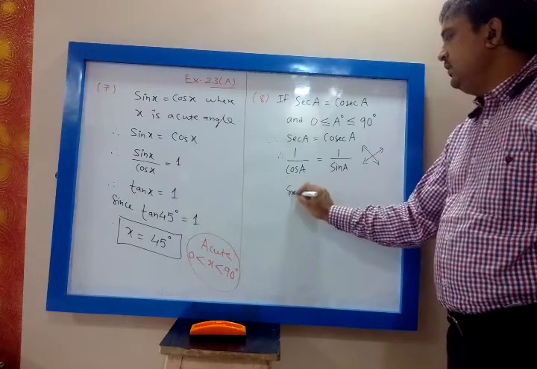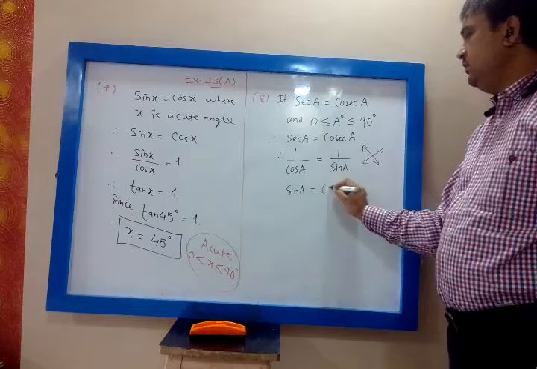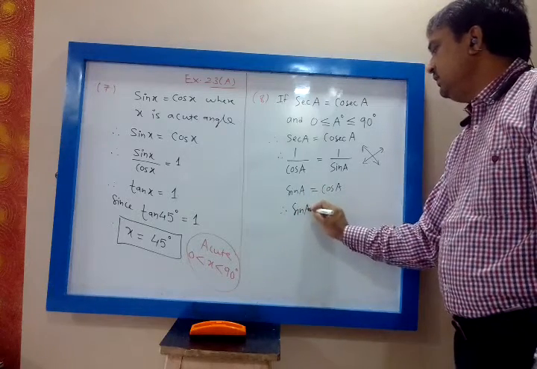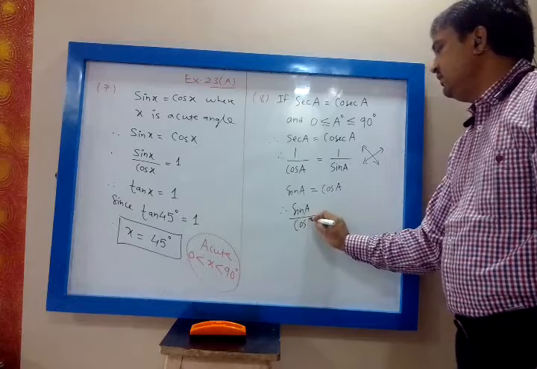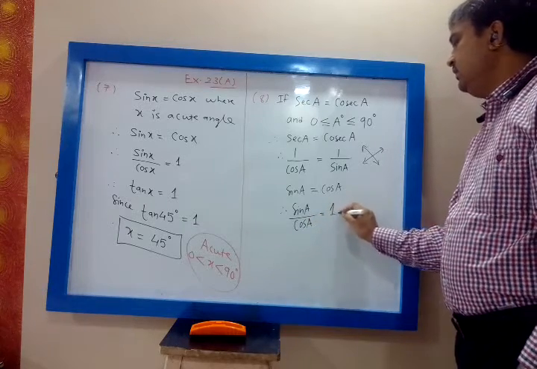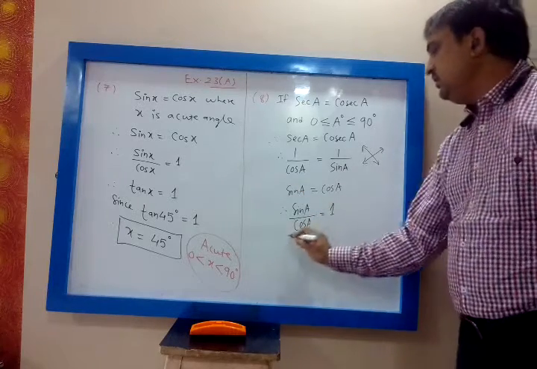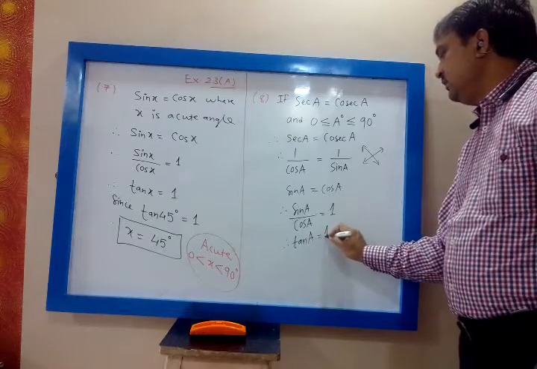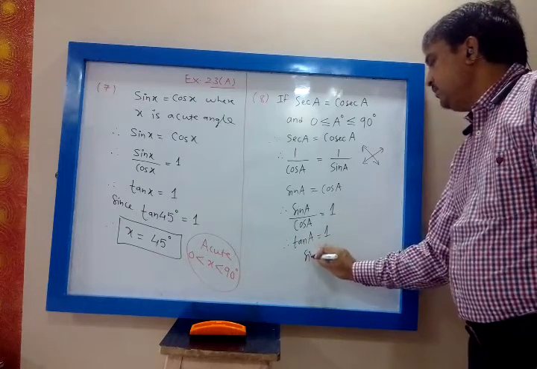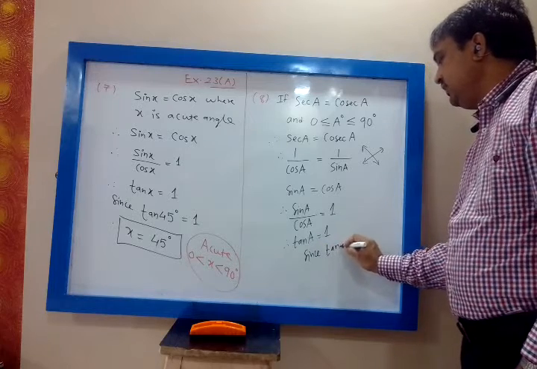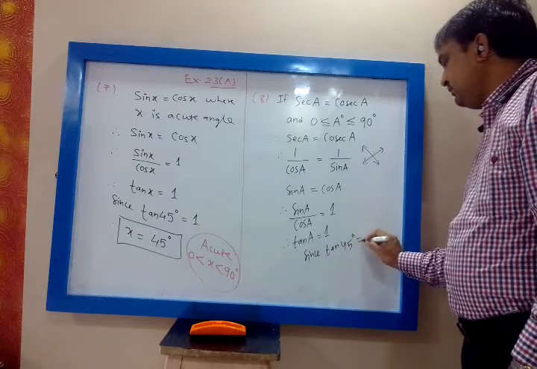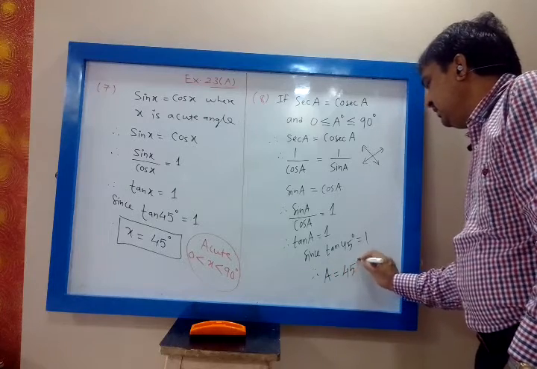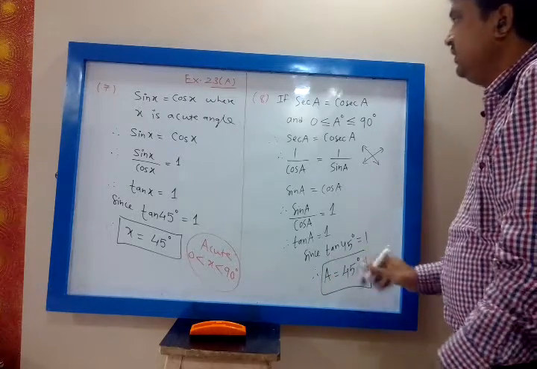You will get sin A is equal to cos A. Then sin A upon cos A is equal to 1. Sin A upon cos A is tan A, so tan A is equal to 1. Now since tan 45 degree is equal to 1, that will give you A is equal to 45 degree.